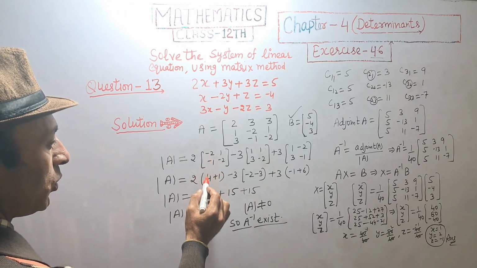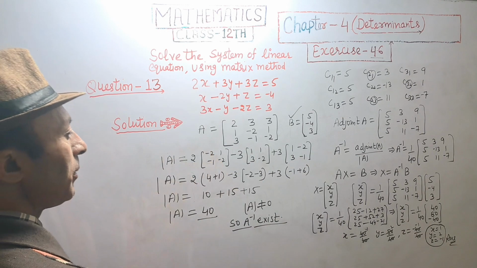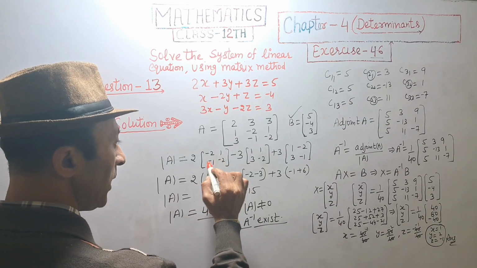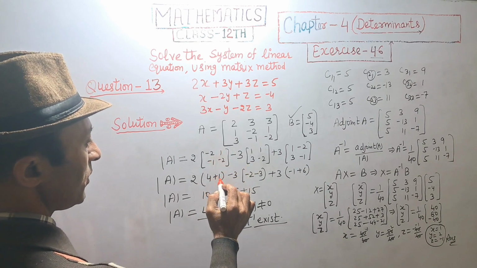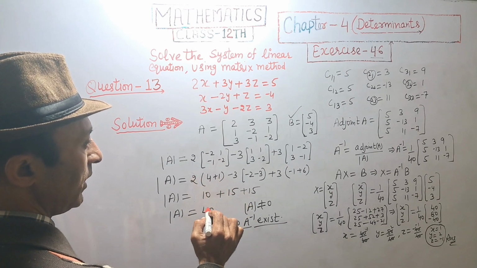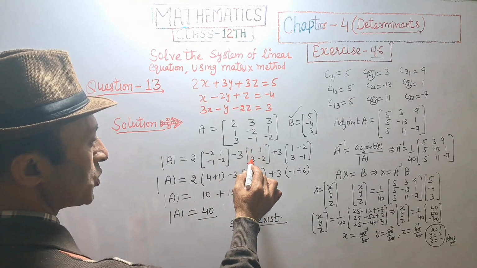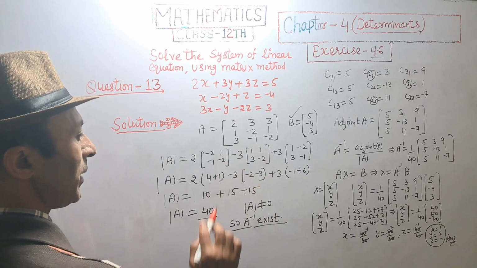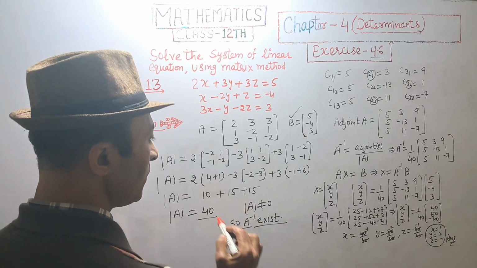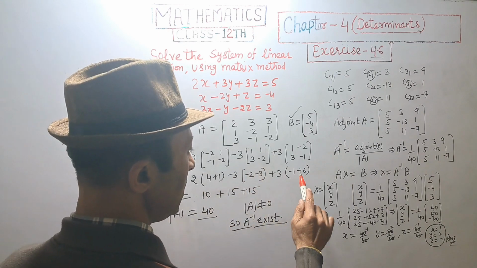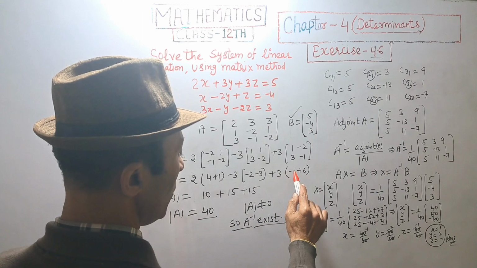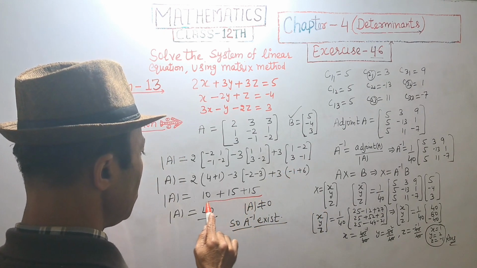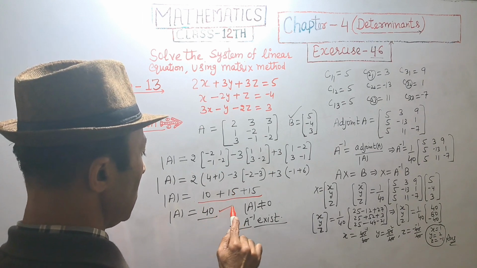And 2 multiplied by minus 2 multiplied by minus 2, that will be positive 4 plus 1, that is 5, 5 2s are 10, and minus 2 minus 3, that is minus 5, minus 5 multiplied by minus 3, that is positive 15, and 6 minus 1 is 5, 5 3s are 15. 15 plus 15 plus 10, that is 40.